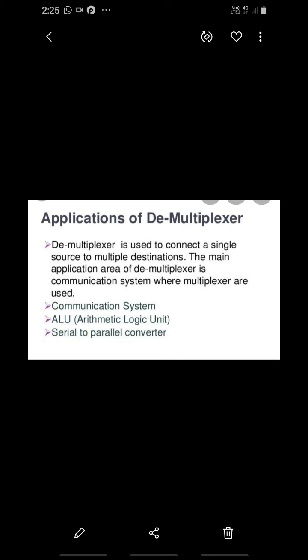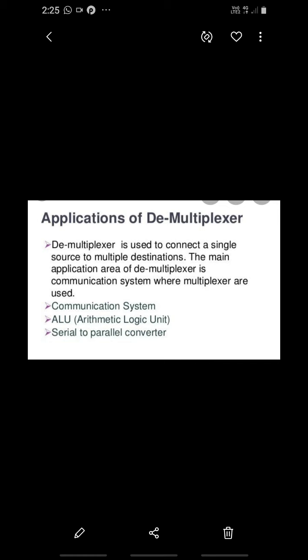So this explains the multiplexer and demultiplexer functions, and the important applications used in real life and in different communication systems.